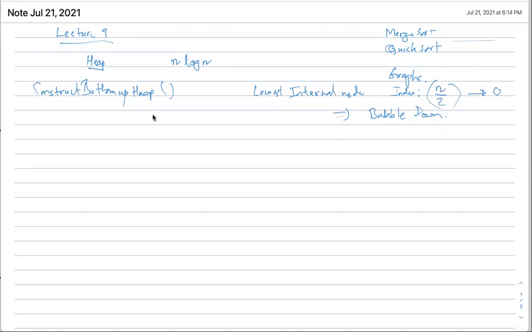And we said that if we perform the construction of the bottom-up heap using this strategy, one entry at a time, then the complexity will be just linear. The question is, how is it so? So we wanted to just prove that point a little bit before we go down to discussing the merge sort, quick sort, and graphs. So we'll come back to these topics after we have covered this.